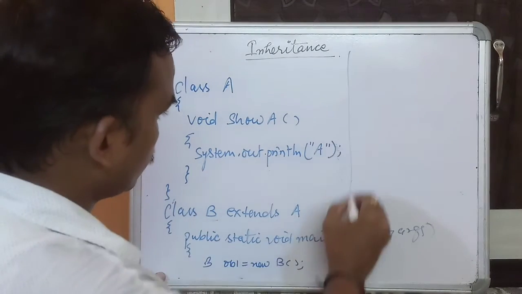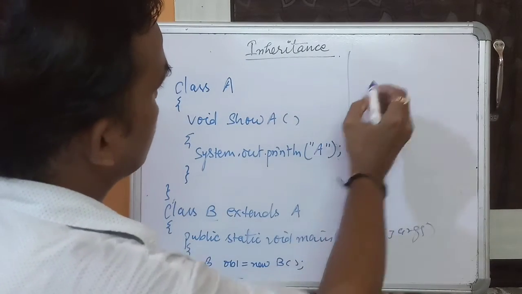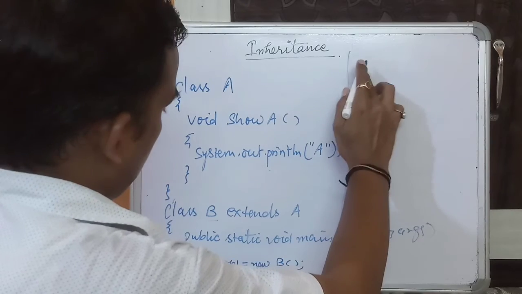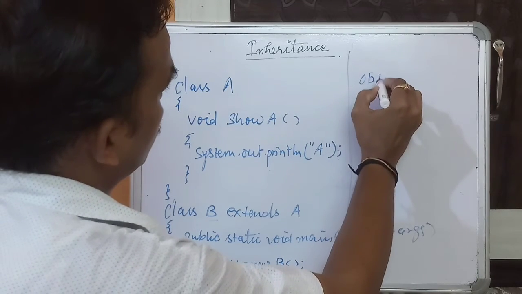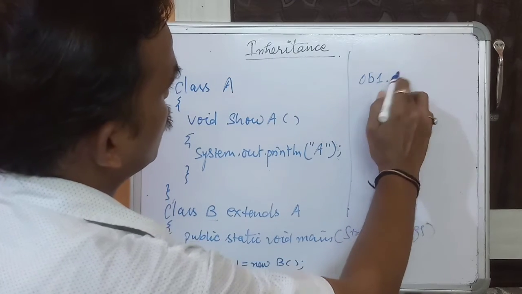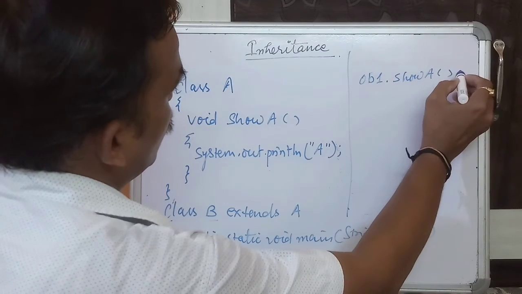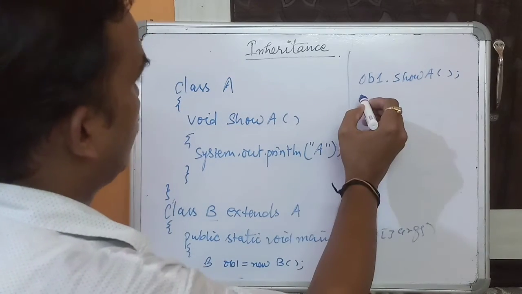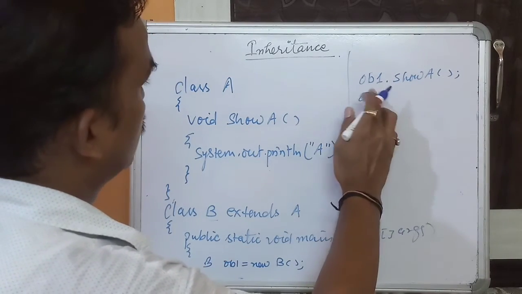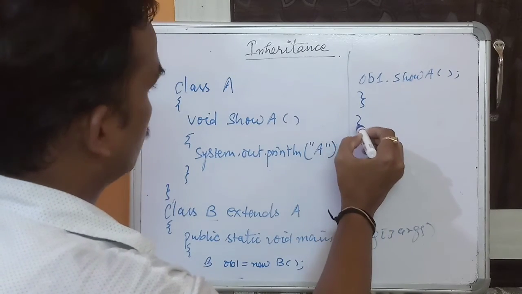Okay. Now what we will do, we will just call the method of class A, that is ob1.showA, and we will just close the method body.